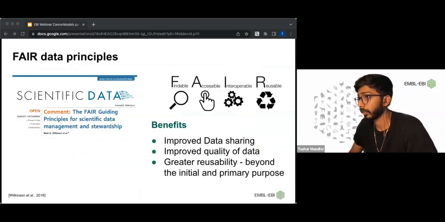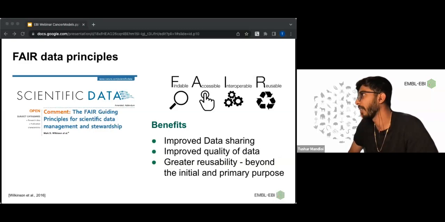To deal with these data-related challenges, there have been initiatives to handle this heterogeneity, one of them being the FAIR data principles, which stand for findable, accessible, interoperable, and reusable. These practices foster collaboration, encourage data sharing, and facilitate the development of tools and platforms that support seamless data integration and analysis across different data sets and sources.